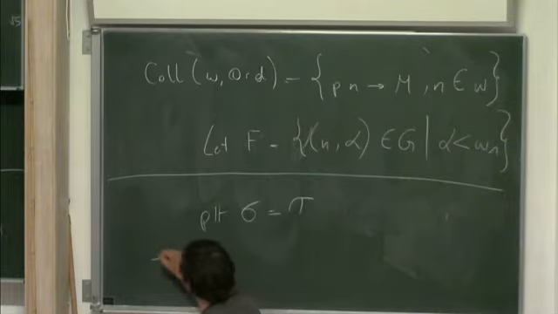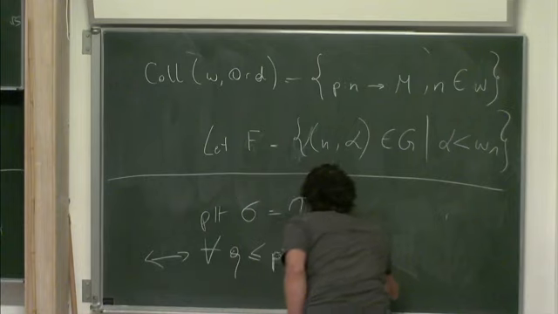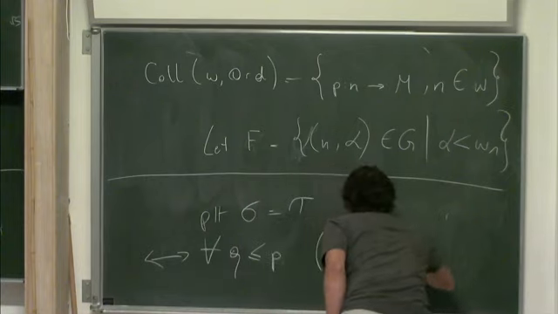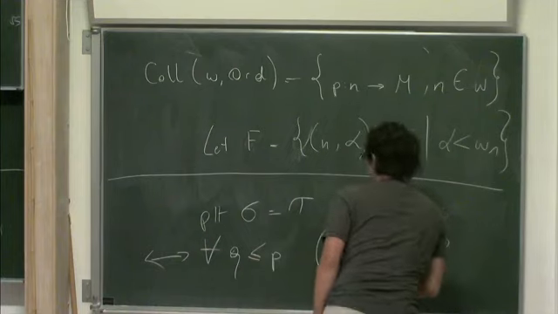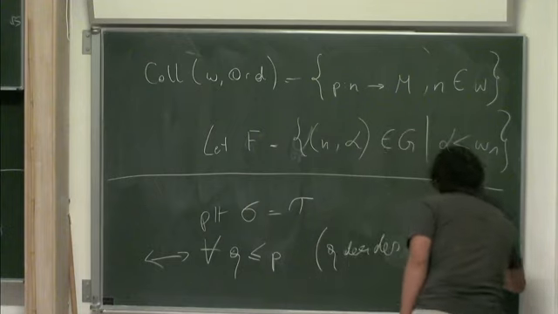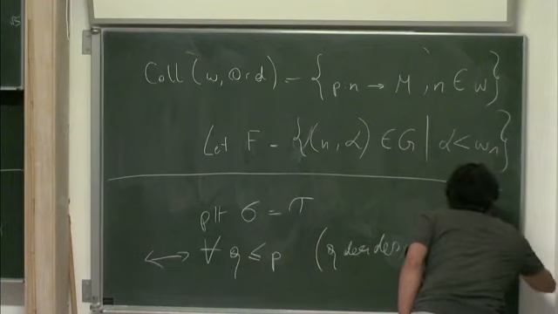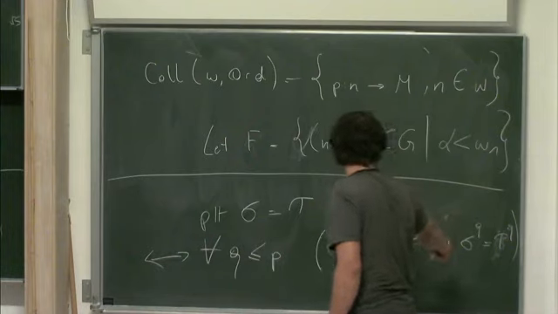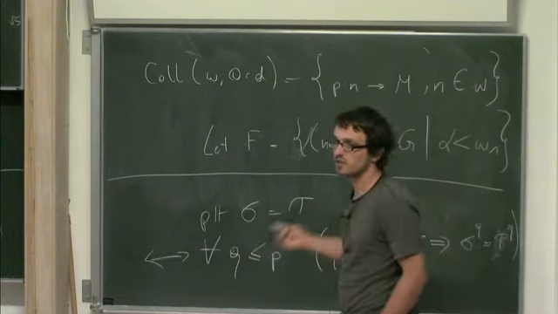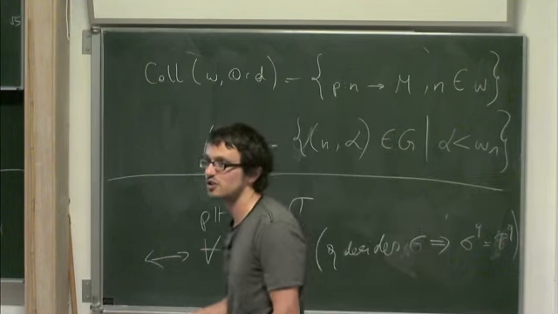This is equivalent to saying that for every condition Q which is stronger than P, if Q decides sigma, then we get that sigma evaluated by Q is the same as tau evaluated by Q. I mean this means sigma evaluated by the generic, but if you know that Q is in the generic, you know what sigma evaluated by the generic will be.